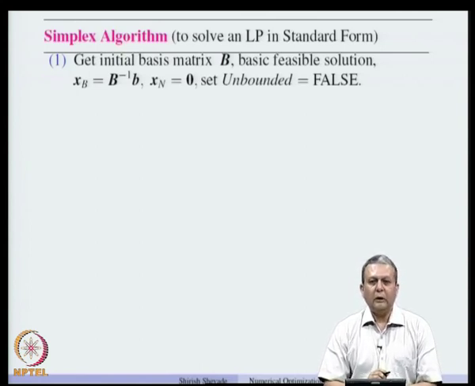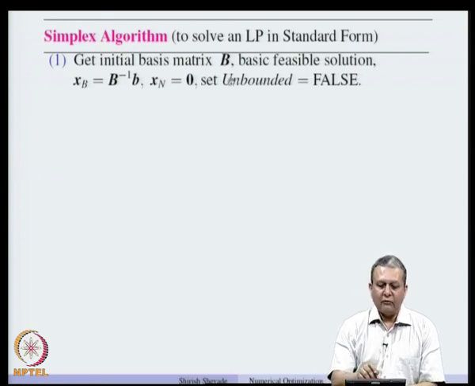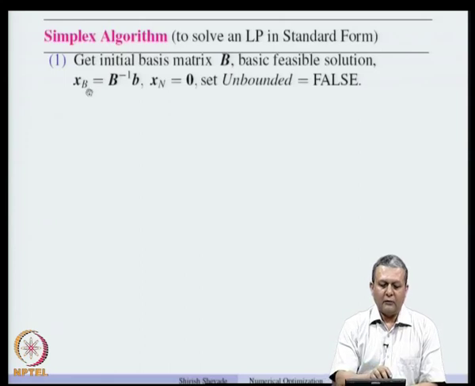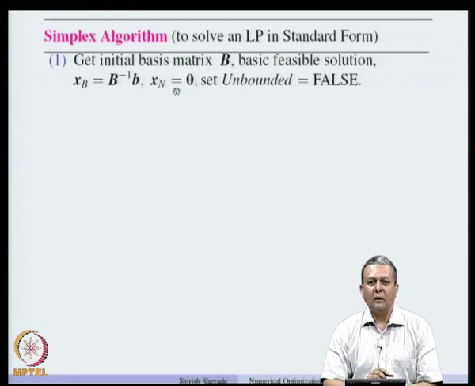One of the important steps of the simplex algorithm is to get the initial basis matrix and the basis vector set B. Once we have the initial basis matrix, we get the basic feasible solution, which is x_B equal to B inverse b and x_N equal to 0. The simplex algorithm is also used to find out whether the given problem is unbounded.